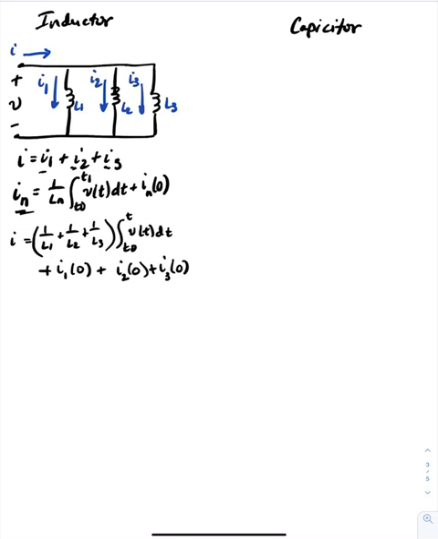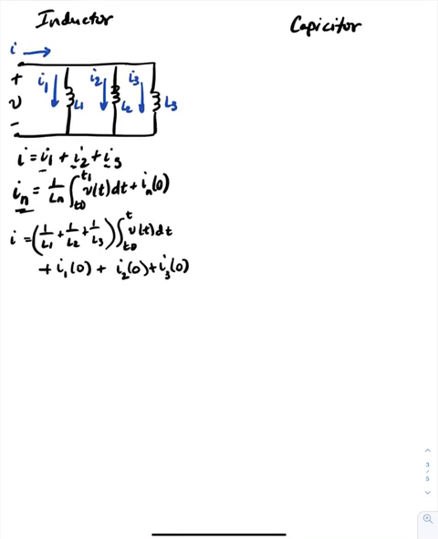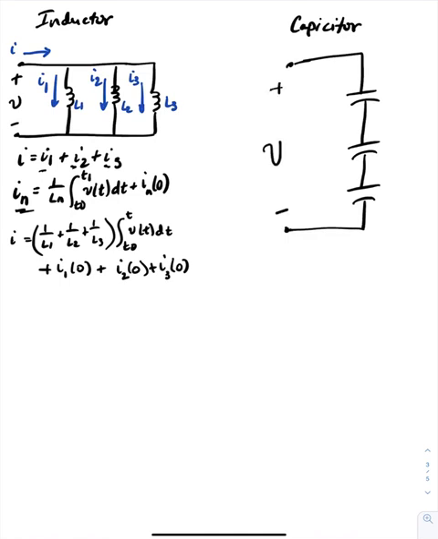Okay, likewise with capacitors in series. Let's put 3 capacitors in series. So this would be V sub 1, and this is capacitor 1, capacitor 2, capacitor 3.